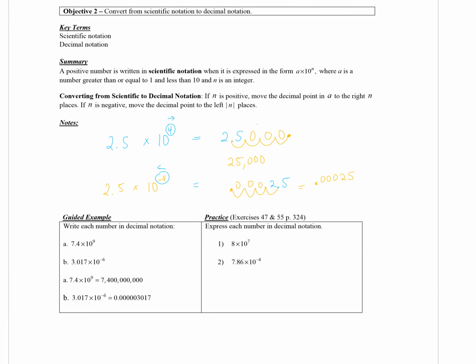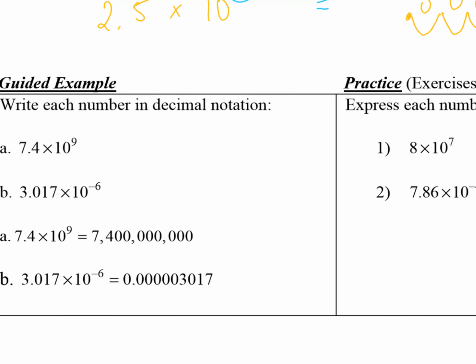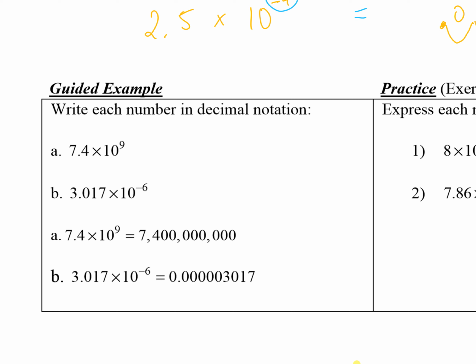So we're going to go ahead and do that for these examples here. Now I know they did A and B for us, but we're going to do it anyways. Since 7.4 is being multiplied by 10 to the 9th power, that means we're going to move that decimal 9 times to the right because it's a positive 9. So think of 7.4, and then let's just move that decimal. 1, 2, 3, 4, 5, 6, 7, 8, 9.